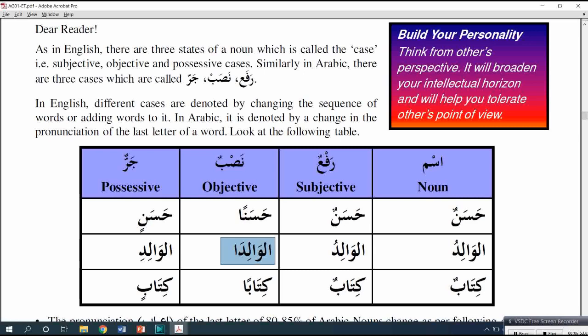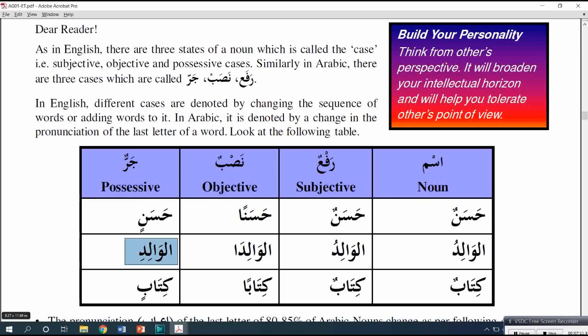And if it is the special father of some person, then it will be al-walidi, the special father of some special person. This is possessive.